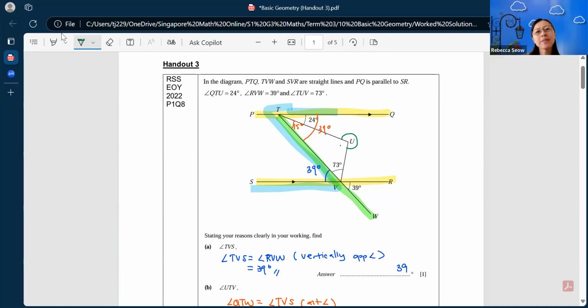From there, we can find reflex angle TUV. I'm going to put my working over here for part C. Let's find the obtuse angle TUV first.